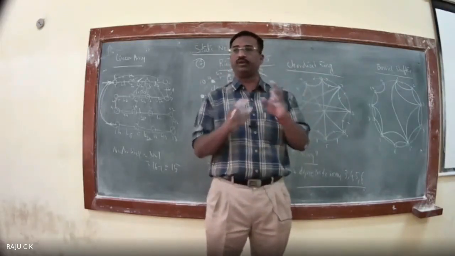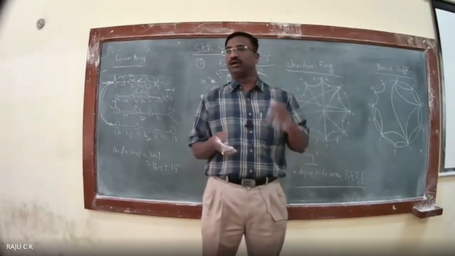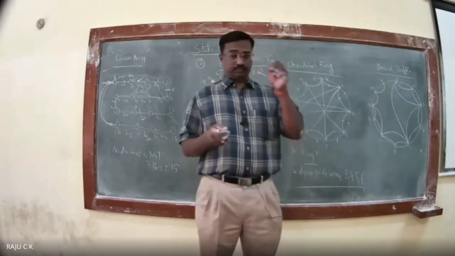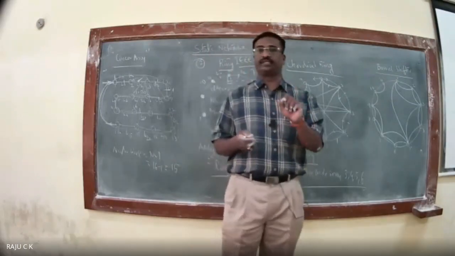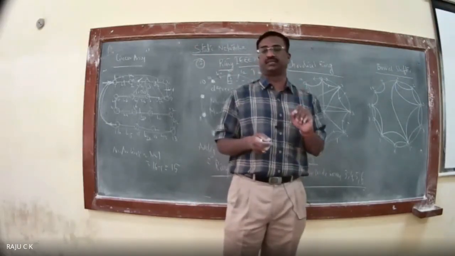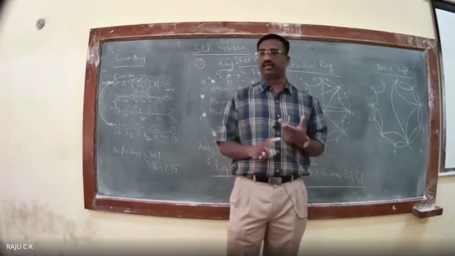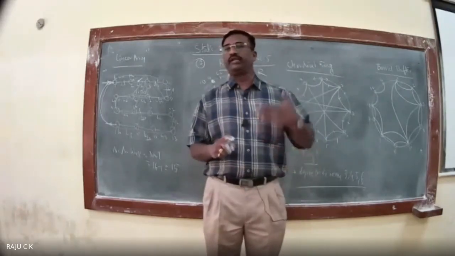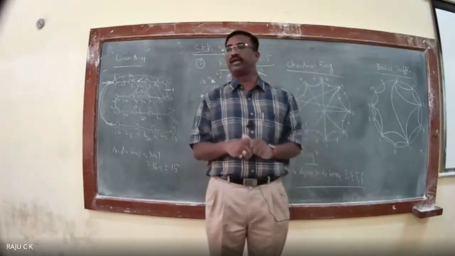Chordal ring 3 means all the nodes have degree 3. Chordal ring 4, all have degree 4. Chordal ring 5, all have degree 5. Chordal ring 6: all the nodes having a degree equal to 6. All nodes with degree 3 is chordal ring 3, degree 4 is chordal ring 4, degree 5 is chordal ring 5.